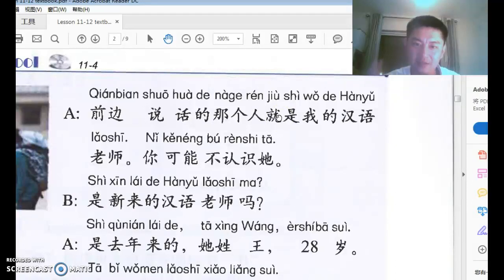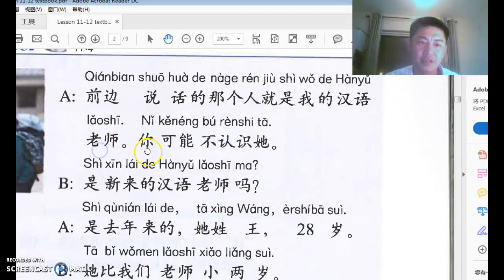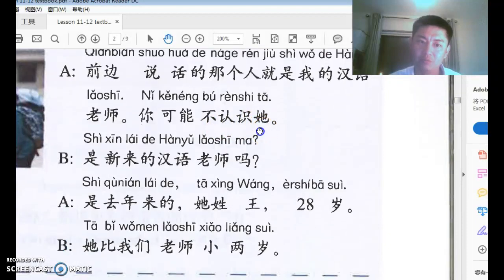That, just that, okay? 是我的汉语老师 my Chinese teacher. 你可能不认识他。认识 is to know a person. Okay? 知道 is to know a thing. 他可能. 可 is from 可以 may, 能 is from can. May can, new word, maybe. You maybe not know him. Okay, you might not know him.